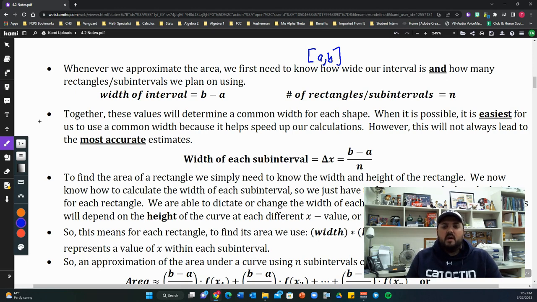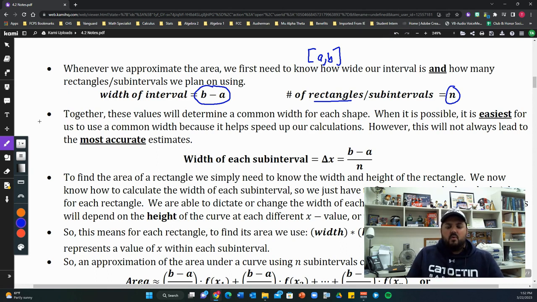So if we have equal subintervals, then to determine that, we will take the width of the entire interval, b minus a, and then we just divide it by the number of rectangles or subintervals. Again, most of the time we're going to be working with rectangles, but for that trapezoidal rule, we're going to switch shapes. But n is still going to represent that. No matter how we go about our estimations, n will represent the number of subintervals that we have for the problem.